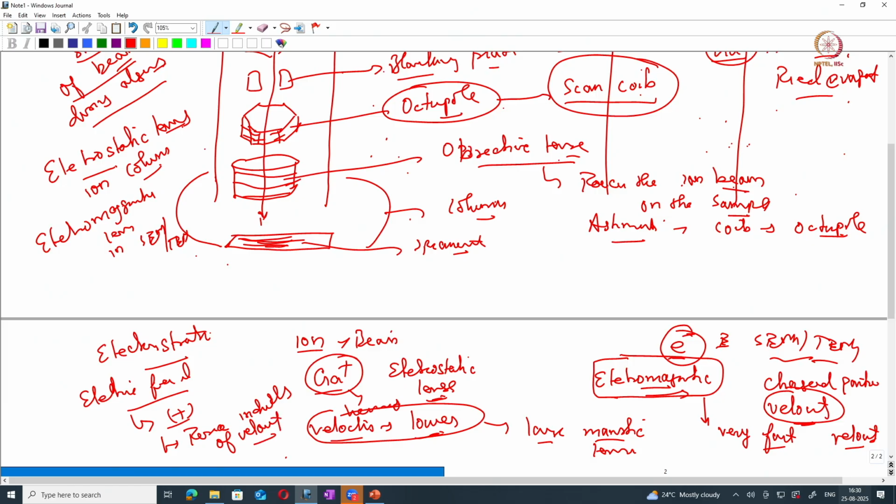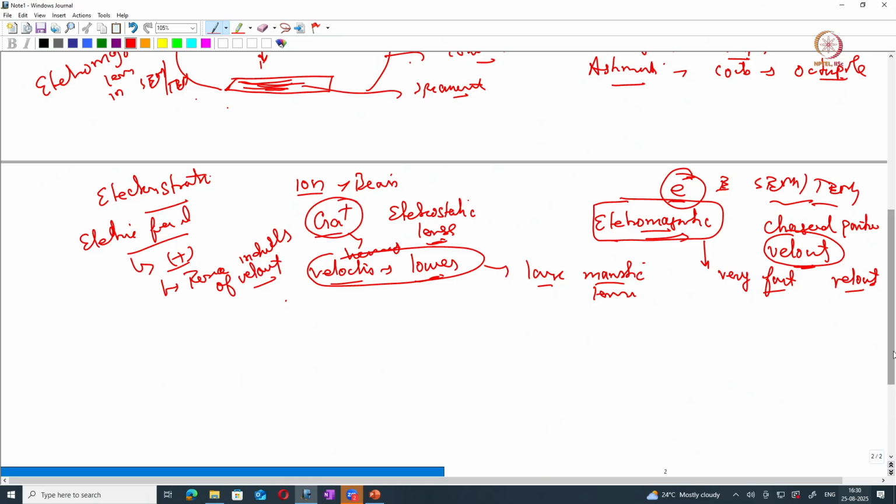So by using the electric field or electrostatic lens, you can precisely control the ion beam, but not by using the electromagnetic lens, because the velocity of ions is much lower than the electrons, which are much lighter, so their velocity is very high.